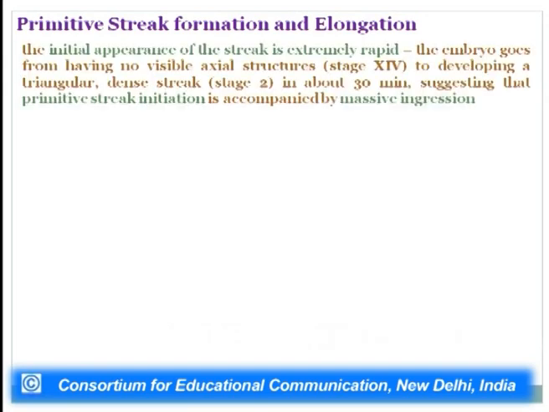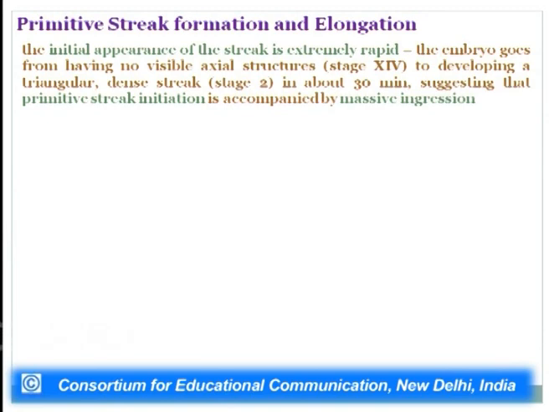The initial appearance of the streak is extremely rapid. The embryo goes from having no visible axial structures to developing a triangular dense streak in about 30 minutes, suggesting that primitive streak initiation is accompanied by massive ingression. So, how is this primitive streak formed?